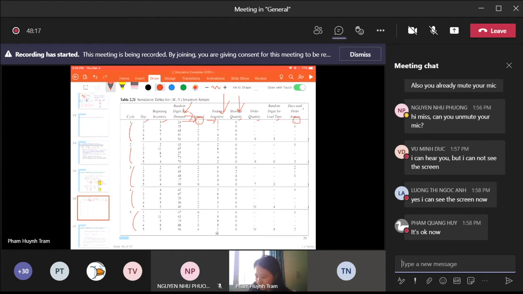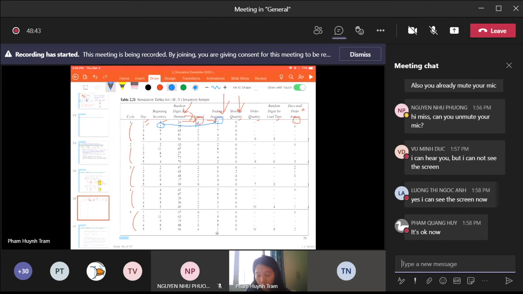Okay. Now day 2. On day 2, our beginning inventory would be the ending inventory of day 1. So ending inventory of day 1 is 2. It will be our beginning inventory of day 2. And in day 2, our random demand is also 1 unit.